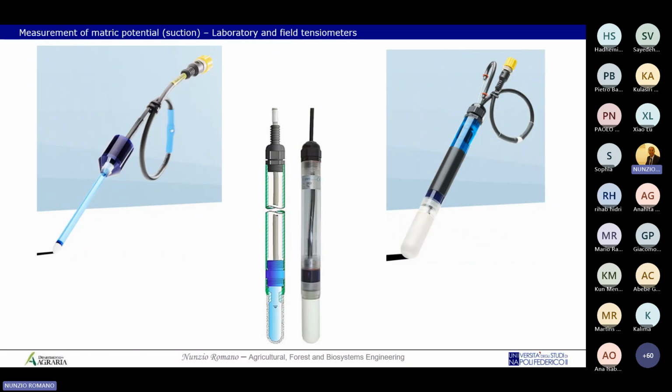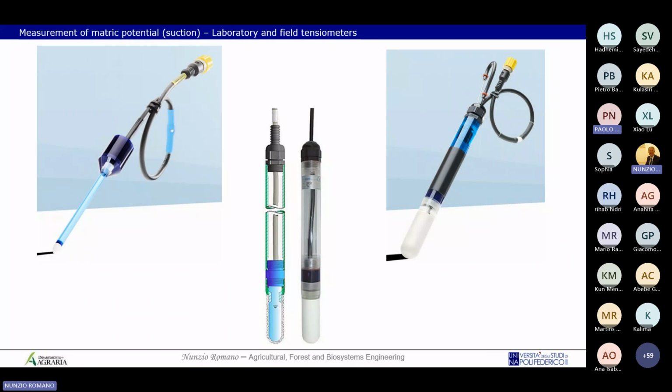This is why on the extreme right of this slide you can see a new type of tensiometer, even though it is very expensive, that refills water automatically: when the water in the tube becomes lower than a certain threshold, there is a small reservoir, and water is refilled into the tensiometer.